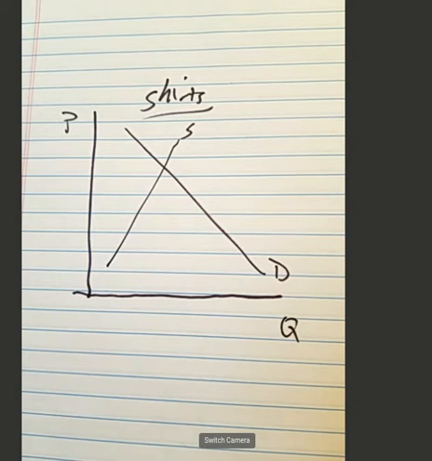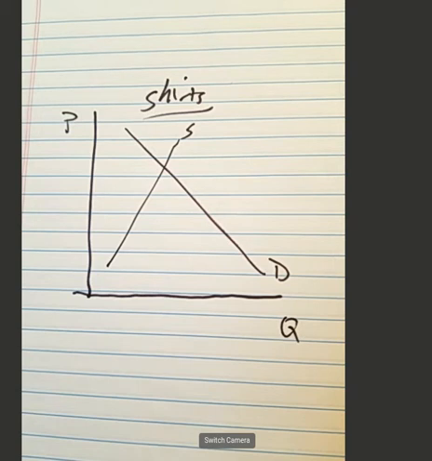The key step we're going to do here is recognize that the whole point of importing is that the rest of the world, somewhere out there, can produce this good at a much lower cost using less resources. So let's indicate the rest of the world's comparative advantage by drawing in a price and a supply curve of shirts coming from the rest of the world.